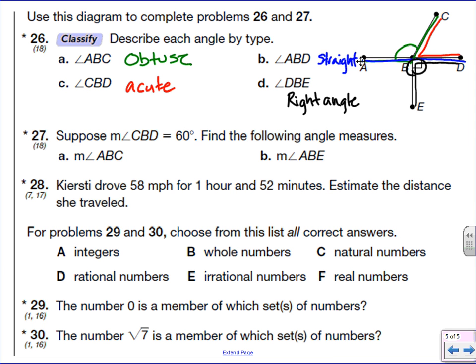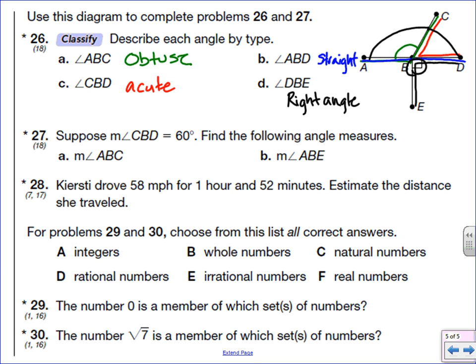Suppose the measure of CBD, so the red angle, is 60 degrees. Find the following angle measures. ABC. Well, ABC is the green angle, and ABC and CBD make the straight angle. If I go through ABC and then CBD, that's a full 180 degrees.